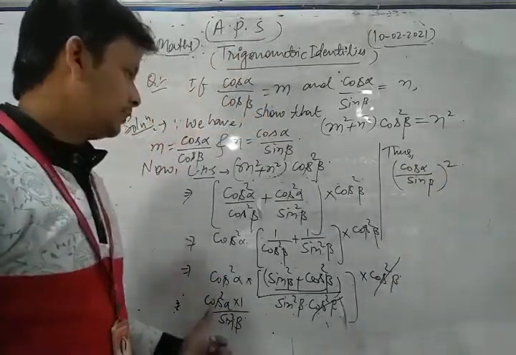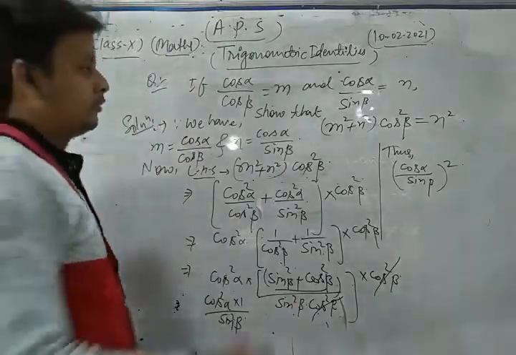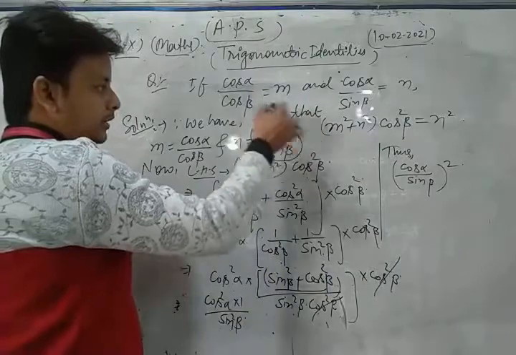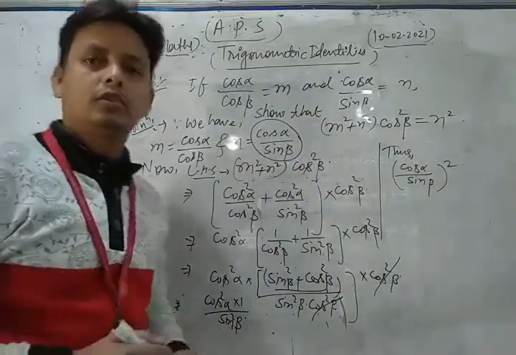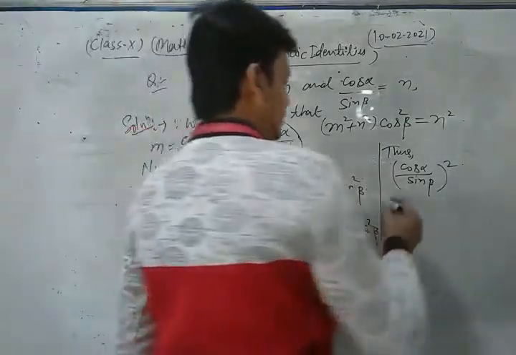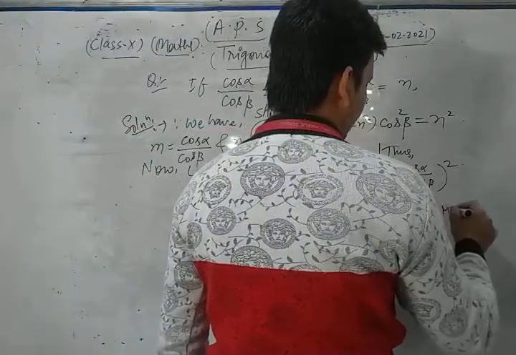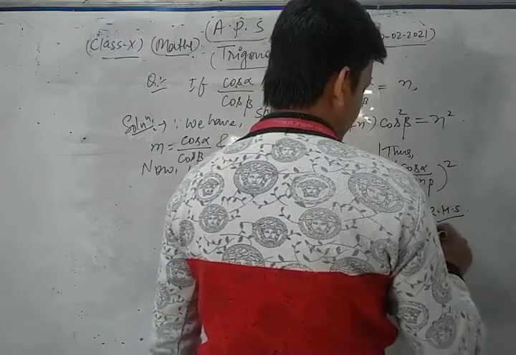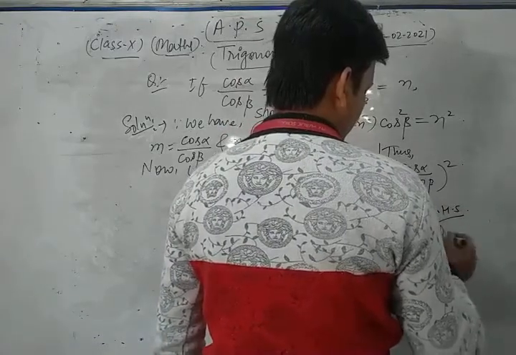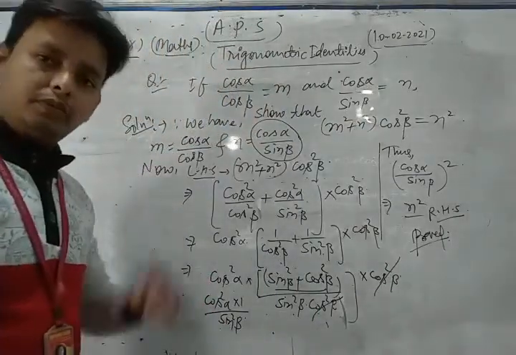The value of cos alpha upon sin beta is n, so we get n square. This is the right hand side. Hence proved.